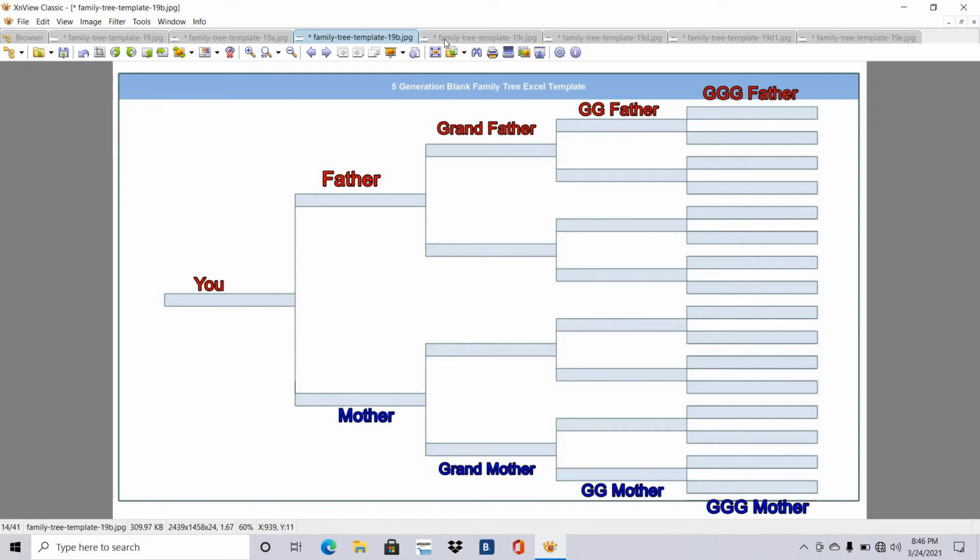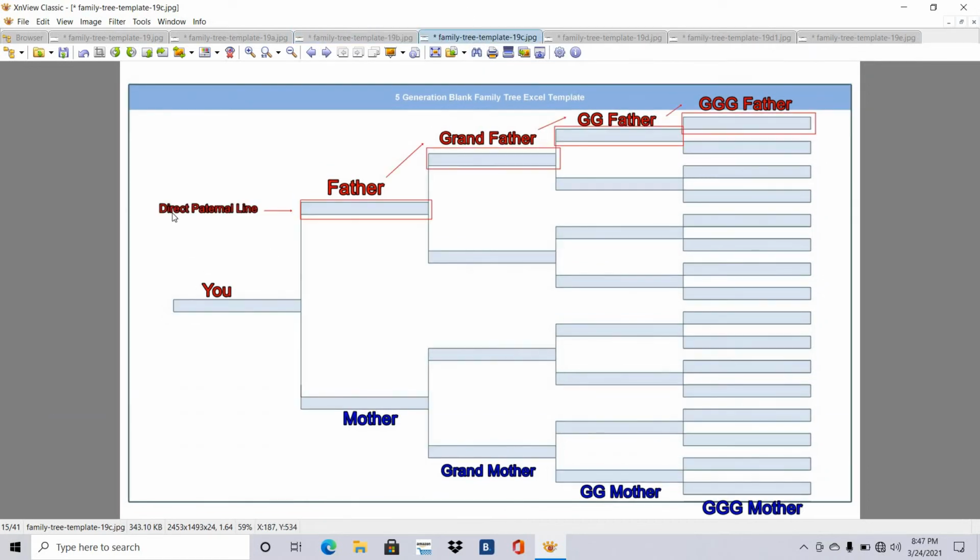A lot of this has to do with if you have your DNA tested. When they test your DNA for the Y chromosome line and the maternal chromosome line, those are your direct lines. So this is your direct paternal line from you to your father, to your grandfather, to your great-grandfather, and your great-great-grandfather.